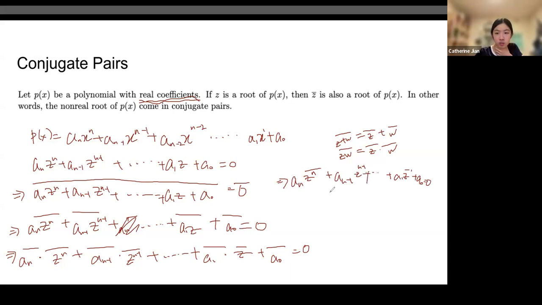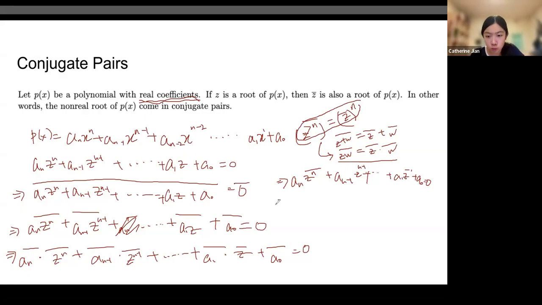Okay, so this looks pretty similar to our equation here now. So now we can use this fact again, because this means that the conjugate of z to the n is equal to the conjugate of z, to the n. You can see that this is just an extension of this, because if you apply it multiple times where z is equal to w, that's what we get.